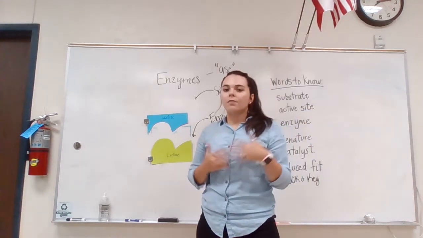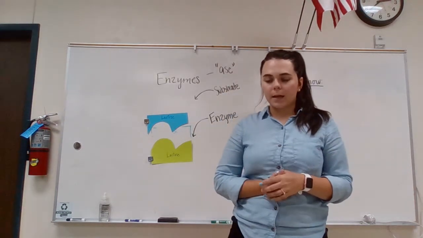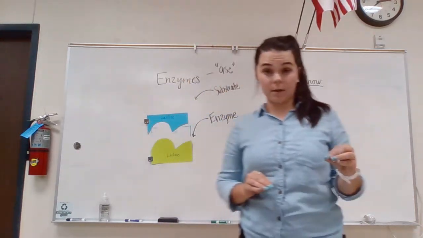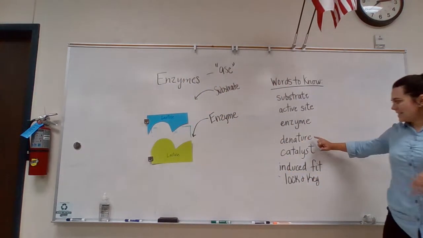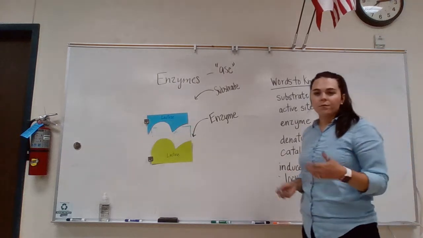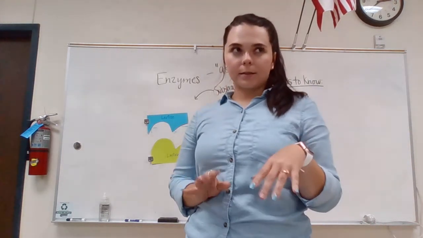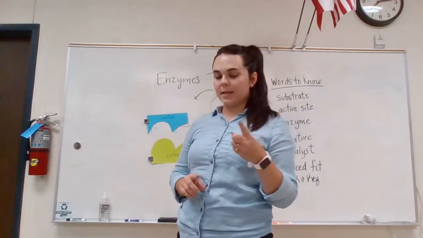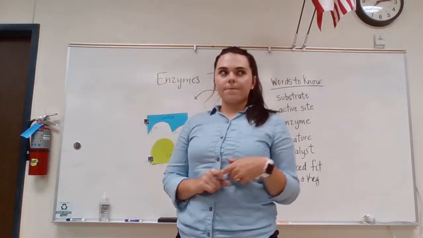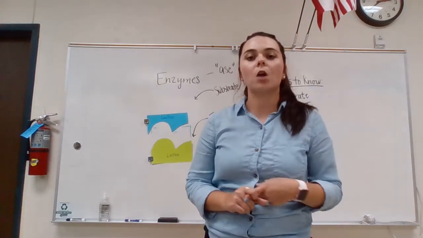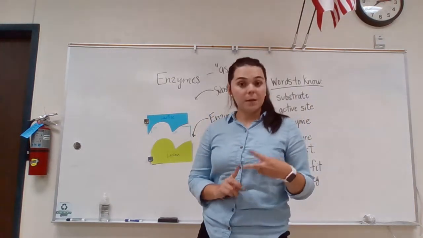The last thing I want to touch on is things that impact enzymes or denature them. When something is denatured, that means it no longer functions properly. A few things that impact enzymes are the temperature level. If it gets too hot or too cold, it could cause the enzyme to not work properly. Same with pH level.